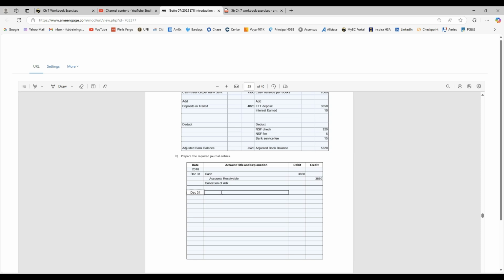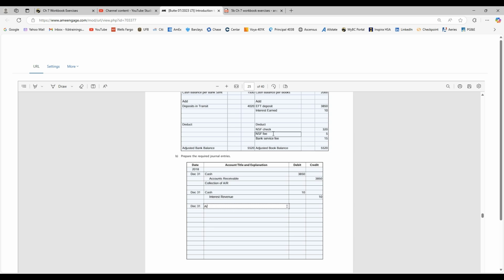Okay, the next one, again, we're going to increase cash by $10. That was for interest earned, so interest revenue will be the account, $10. Okay, cool. And then we're going to have cash credits for the rest of these things.